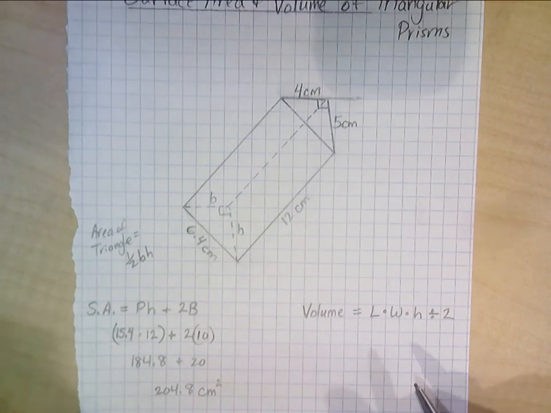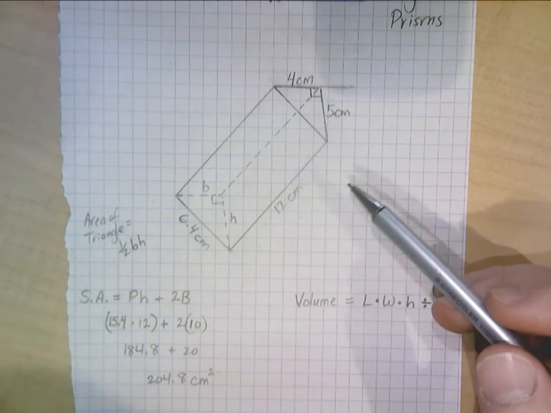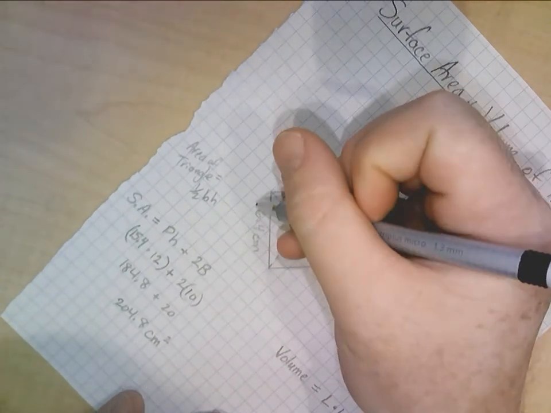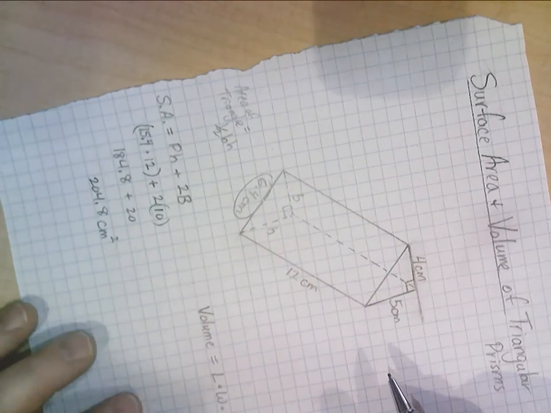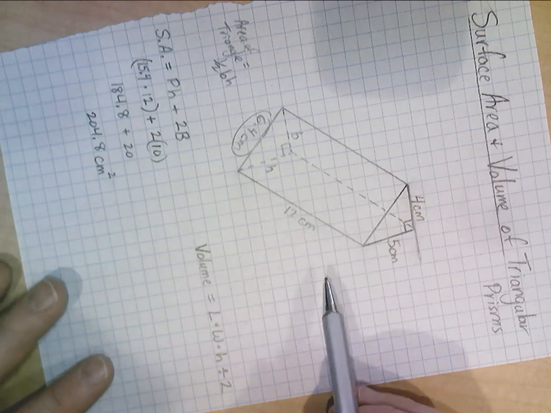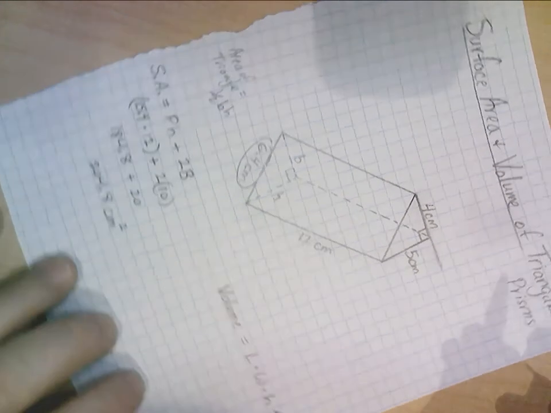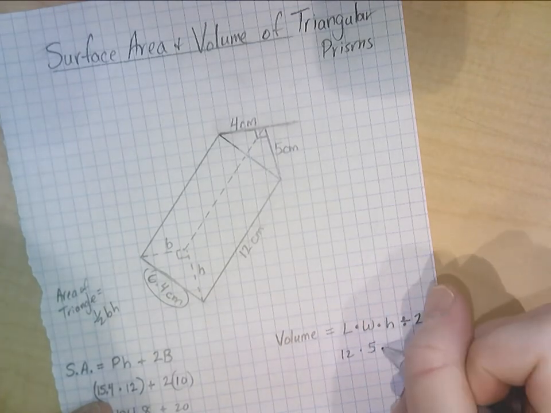Volume is much simpler. Length times width times height. So again, for the triangular prism, this 6.4 is not necessary. This is the slant height. That's not necessary to the actual triangular prism when it comes to volume. You're just going to take length times width times height. So it's as simple as 12 times 5 times 4.